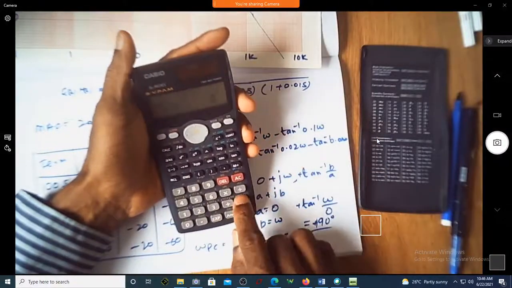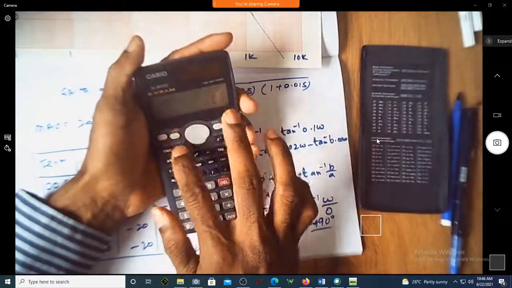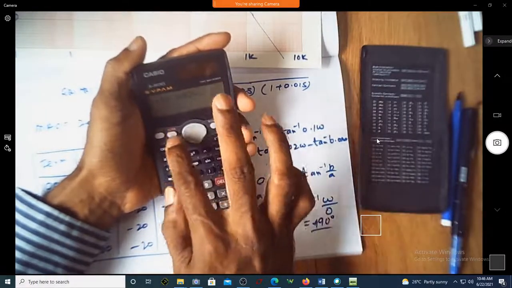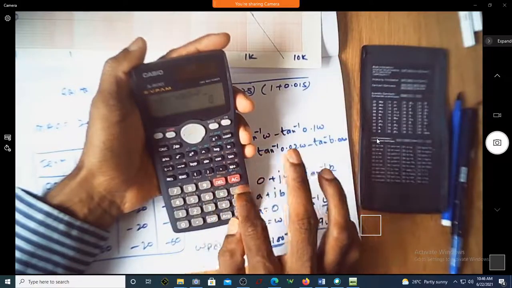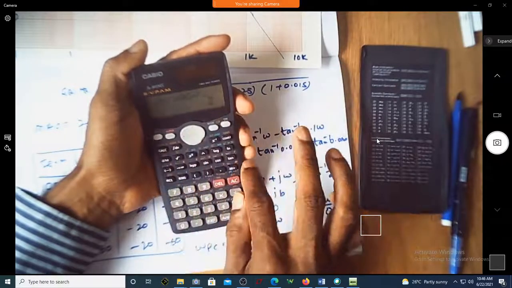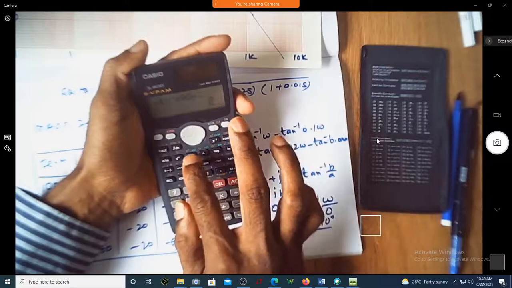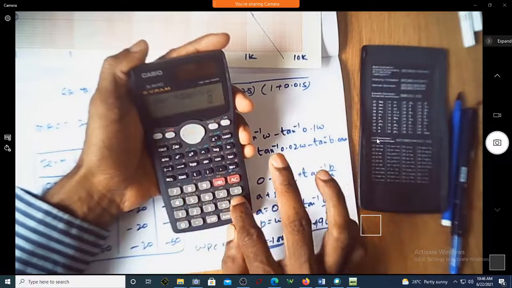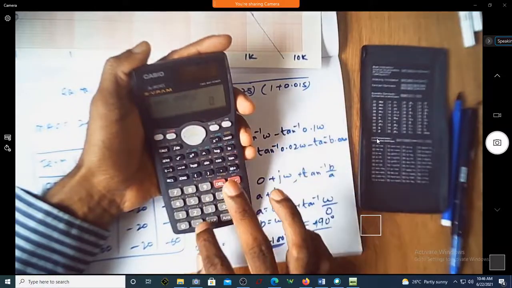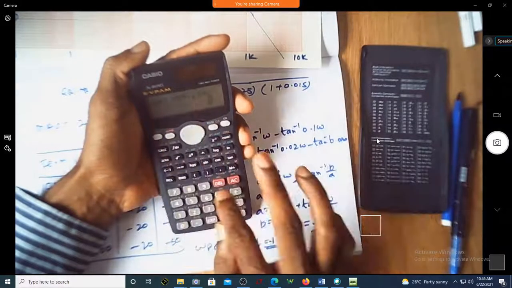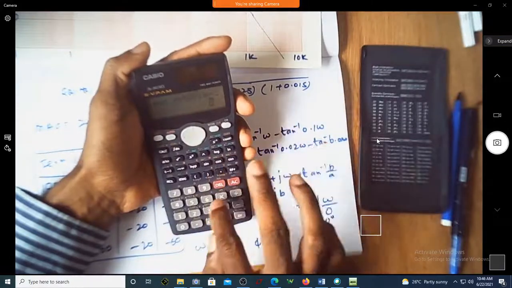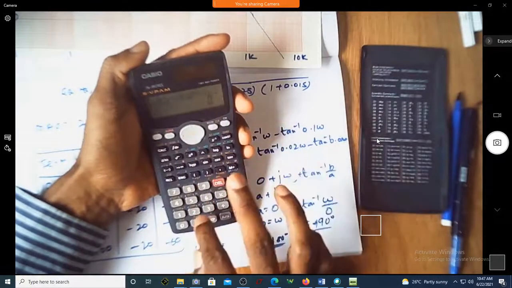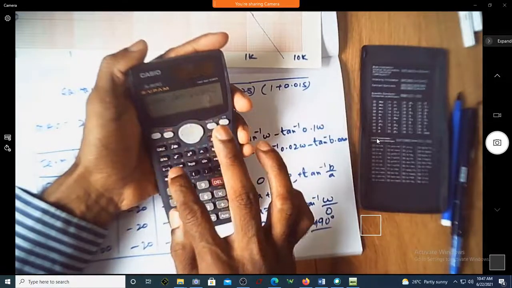Is it minus 180 equals 90 minus tan inverse of alpha a, minus tan inverse of 0.1 alpha a, minus tan inverse of 0.02 alpha a, minus tan inverse of 0.01 alpha a?